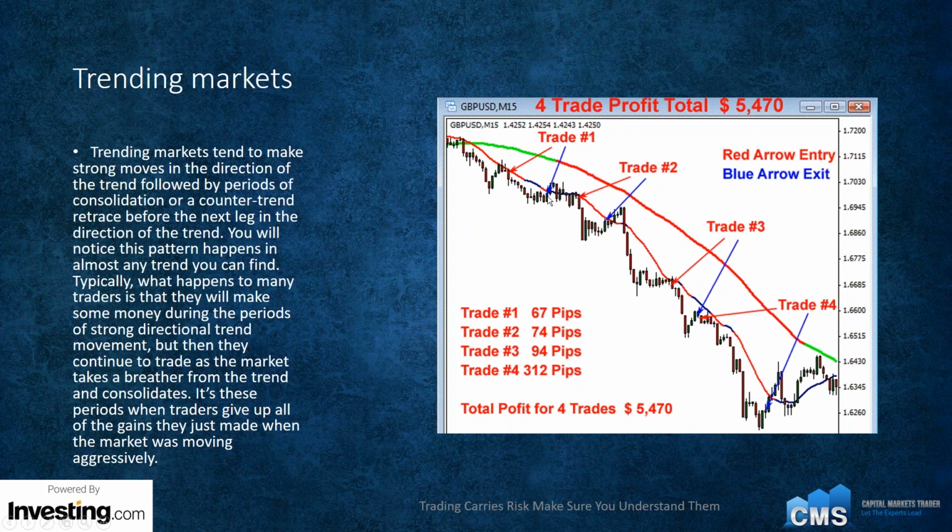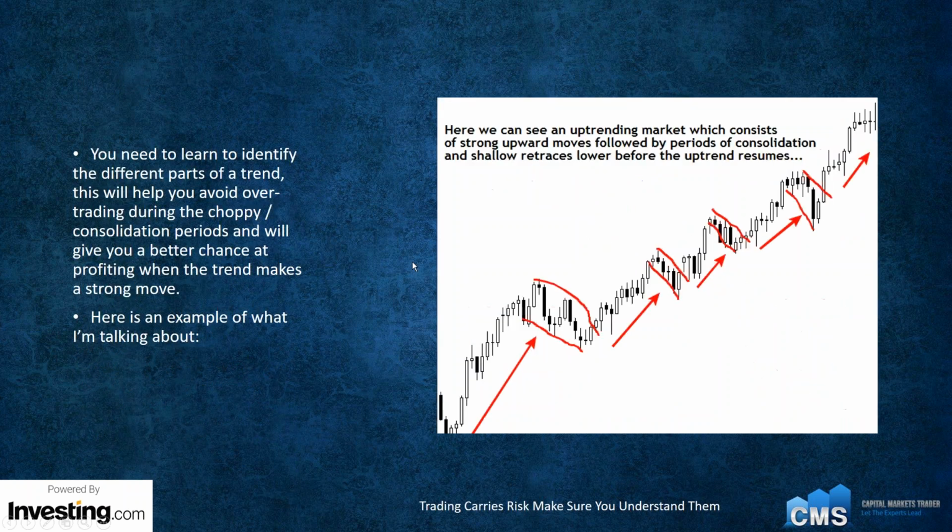And you could have turned that into a lot of profit, okay, because you combine your moving average with your peaks and thrusts. And if you learn how to read these peaks and thrusts and the moving averages, on top of it, you can combine it with candlesticks, you would have been very accurate in these trades. You need to learn to identify the different parts of a trend.